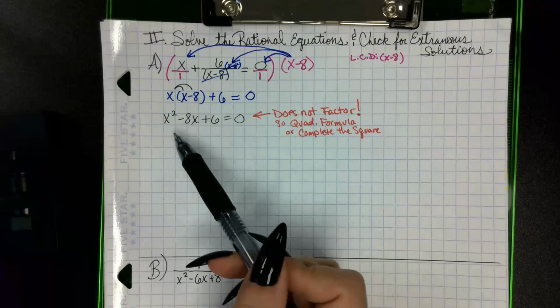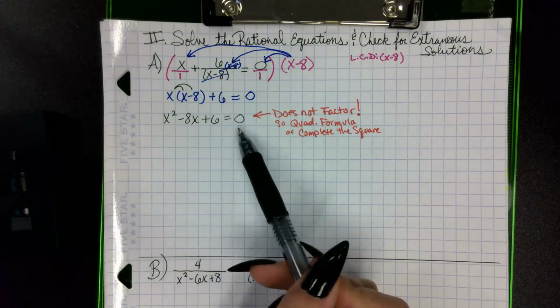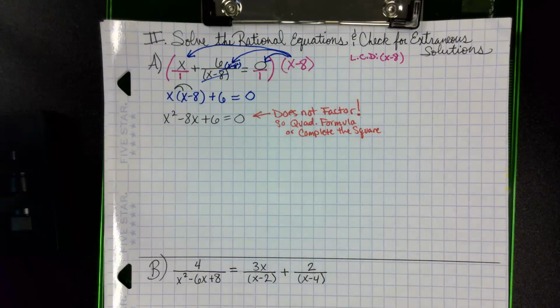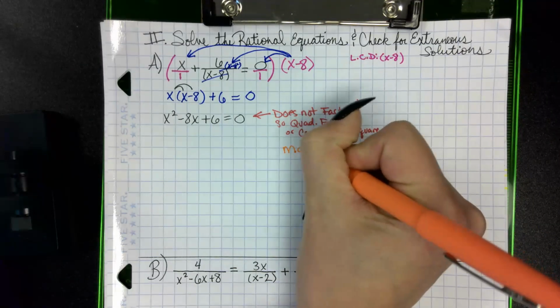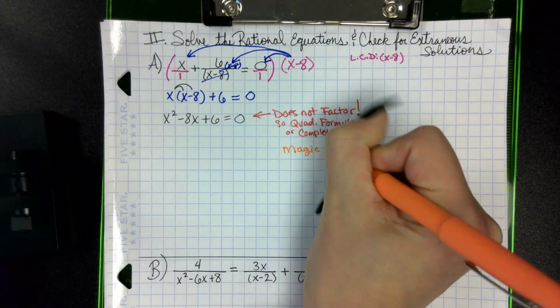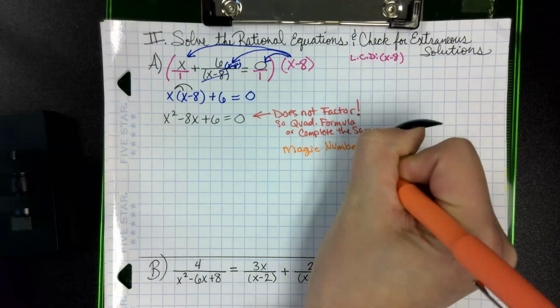So what you do is you take your quadratic and you have to find what I call the magic number. For completing the square, you're going to need a magic number, which is just my name for it that I came up with.